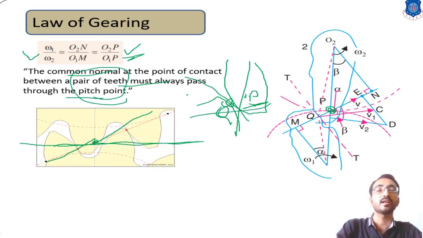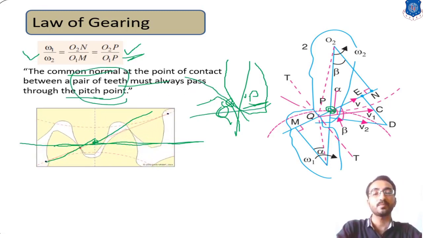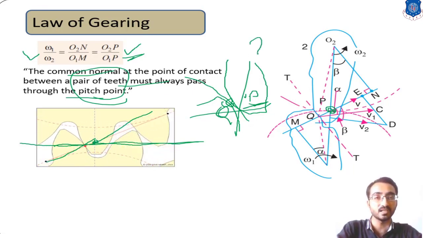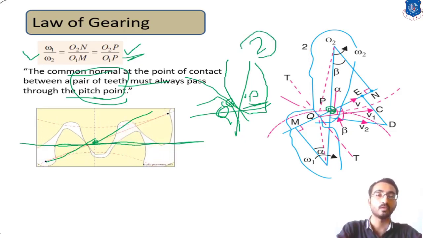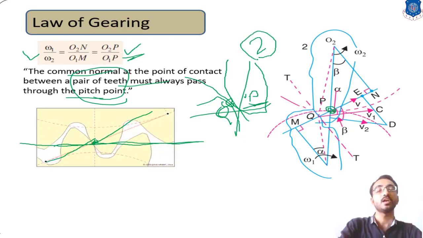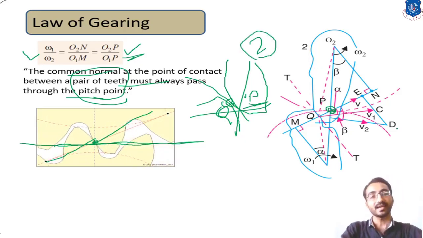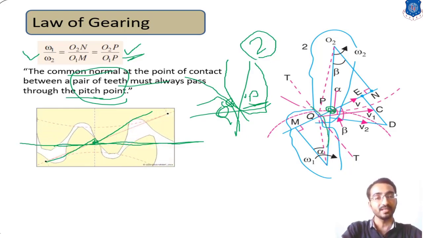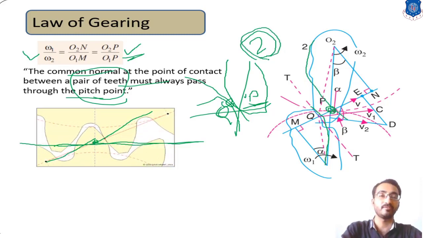If you design a gear with respect to an arbitrarily chosen first gear, then that second gear is known as a conjugate gear. In this way you can design the profile of a gear tooth in any shape, but the design of a conjugate gear is very difficult.